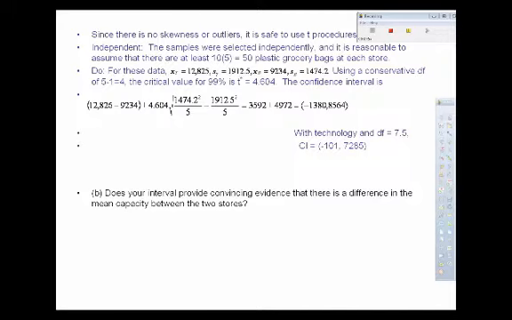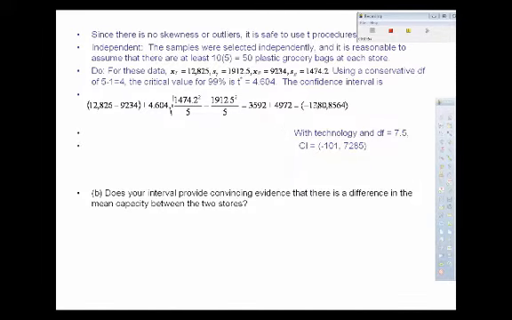4.604. The confidence interval is this: Target's mean minus Basham's mean, plus or minus our t star, and then we've got our variance, or our standard deviation squared, which is the variance over the sample size, and the second one.